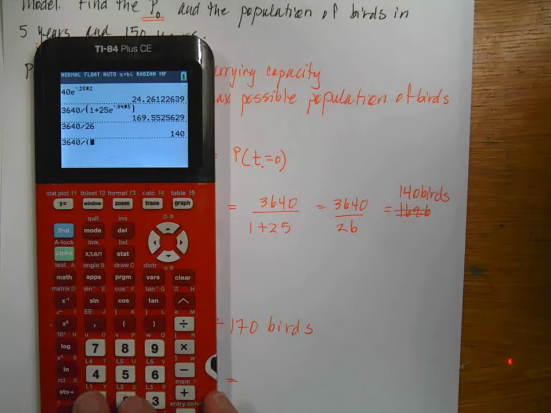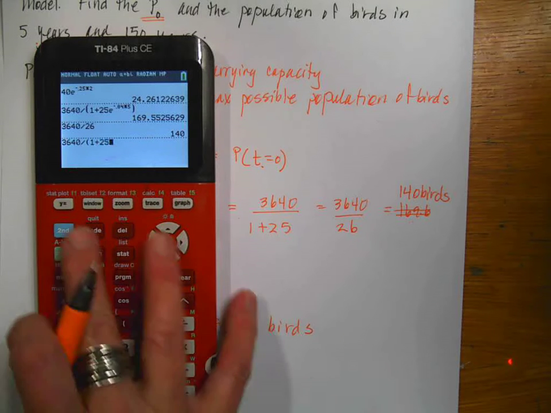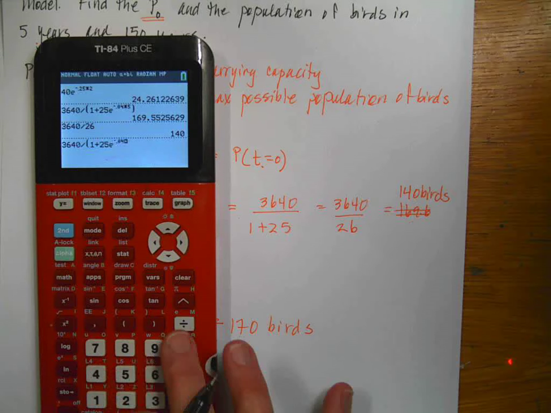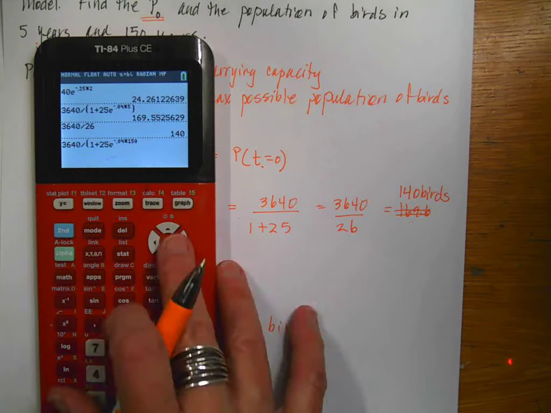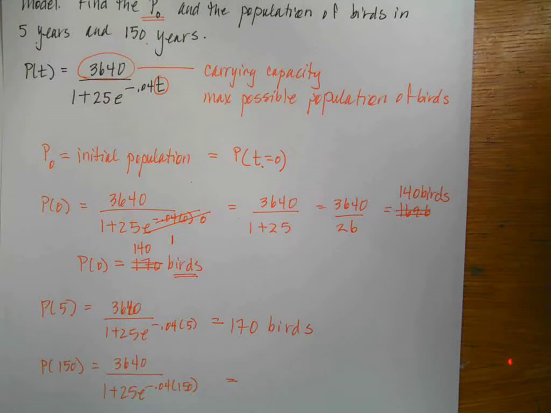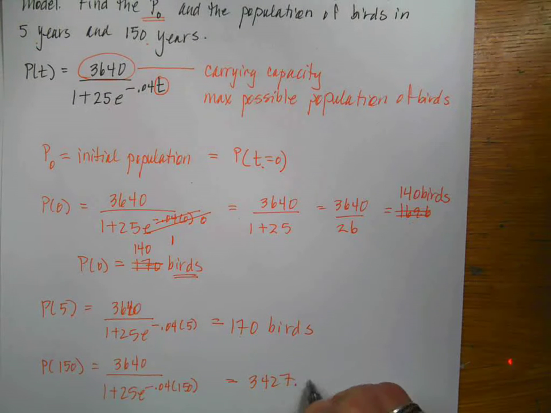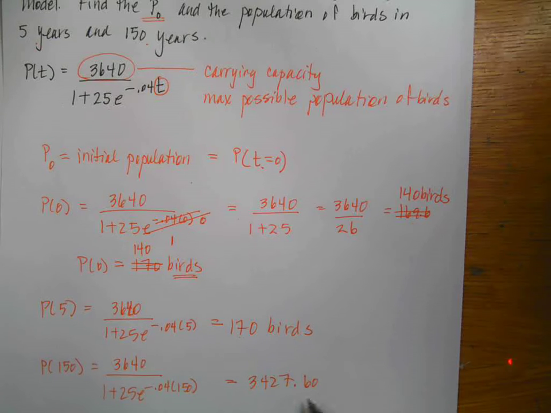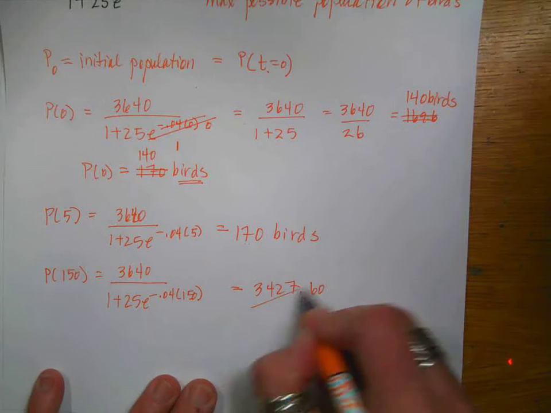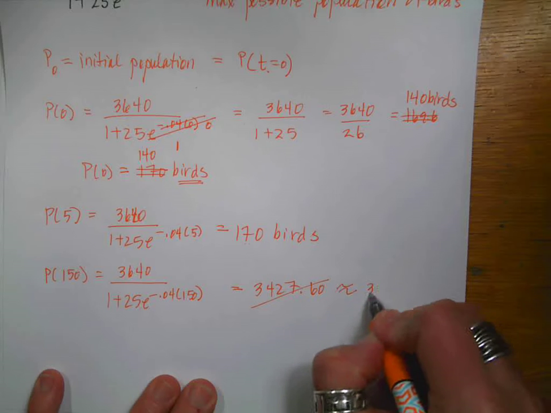So I'm going to do the 3640 divided by parentheses 1 plus 25 second e raised to the negative 0.04 times 150. And then I'm going to close my parentheses and I'm going to hit go. And now I have 3427.60. Remember, I can't have a part of a bird because that's just gross.